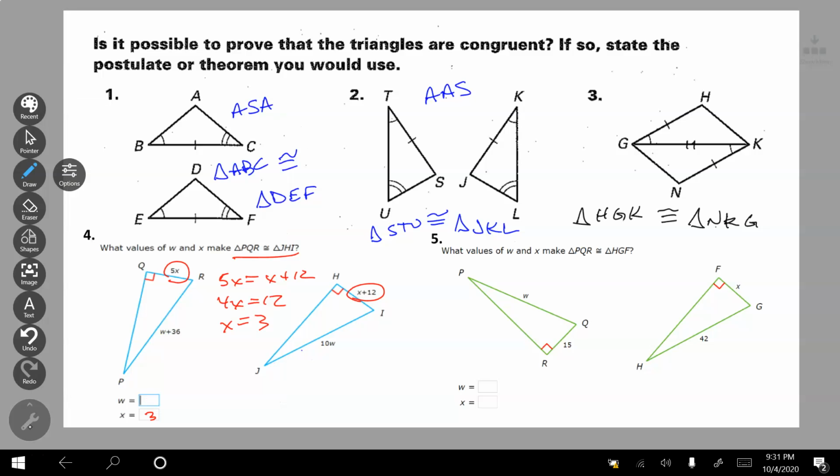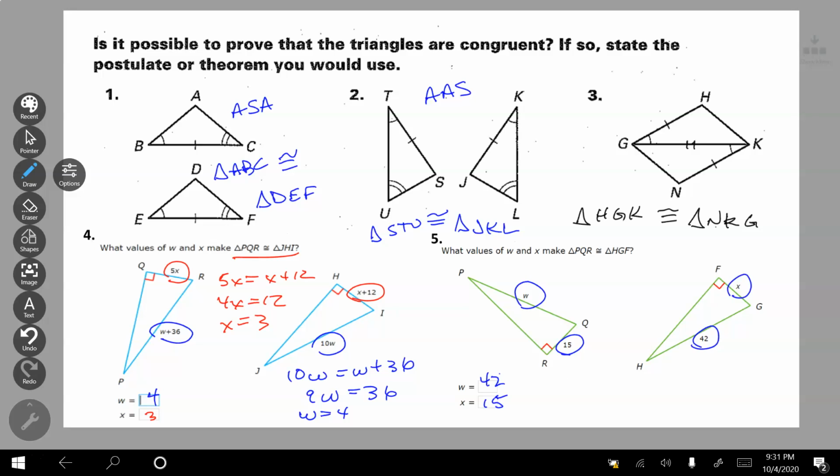And then over here, these two sides are congruent, so 10w is equal, and we solve for w, we get 4. This one's even more basic, is that, well, w is the hypotenuse over here, and 42 is the hypotenuse over here, so w is 42. And then 15 is his bottom leg, and x is the bottom leg, so x is 15.